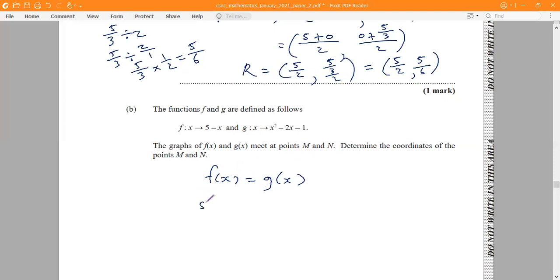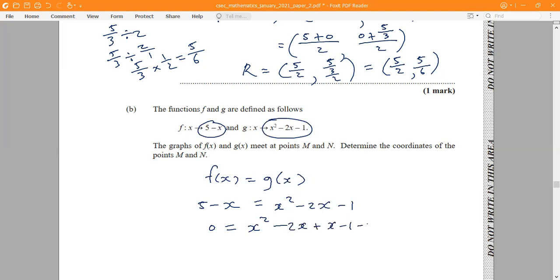So 5 minus x will be equal to x squared minus 2x minus 1. So what we do is we subtract 5 and we add x to both sides. Negative 2x plus 1x is negative 1x. Negative 1 minus 5 is minus 6.